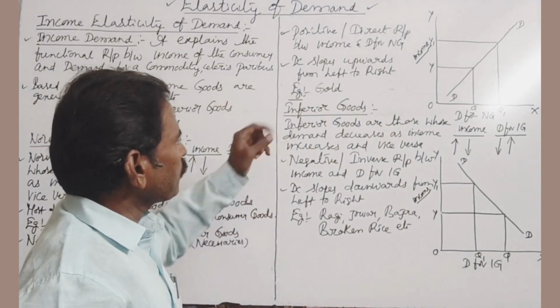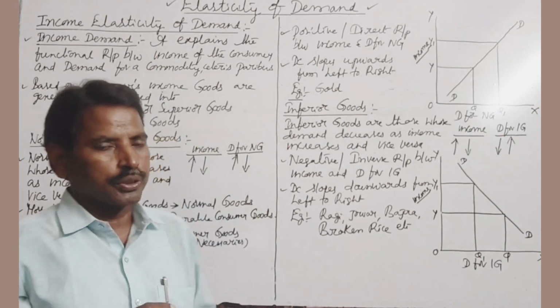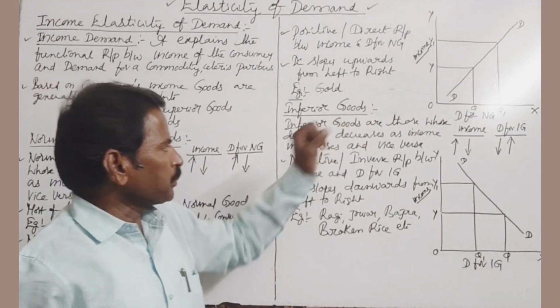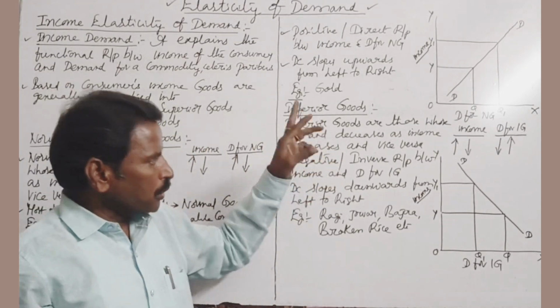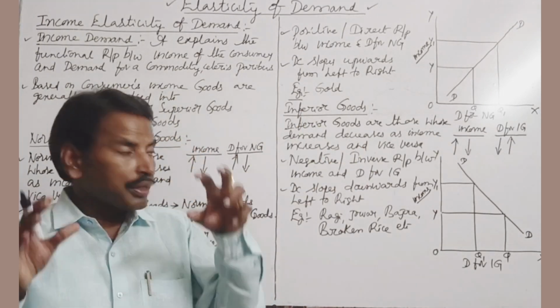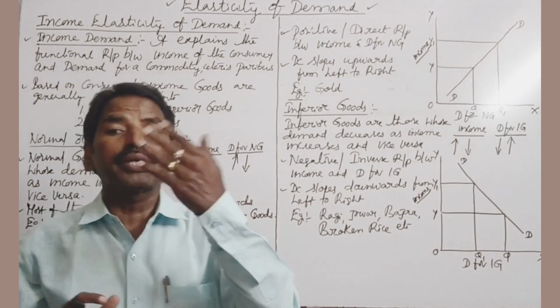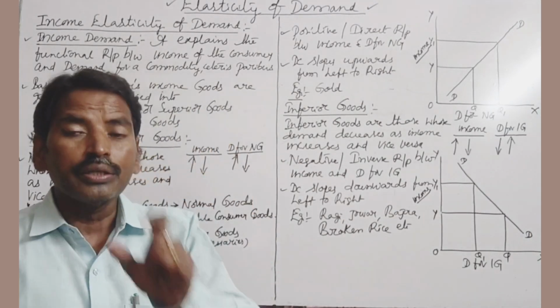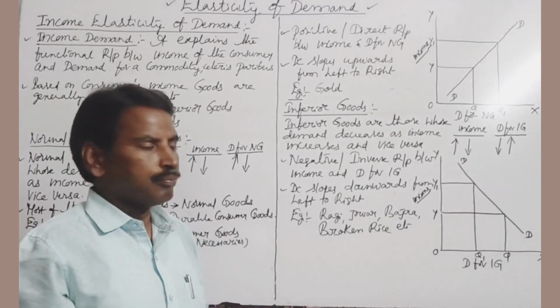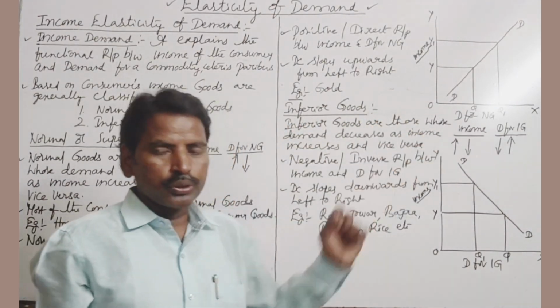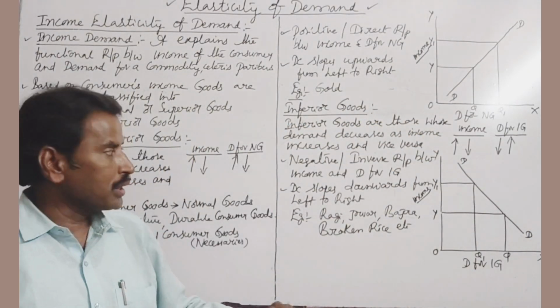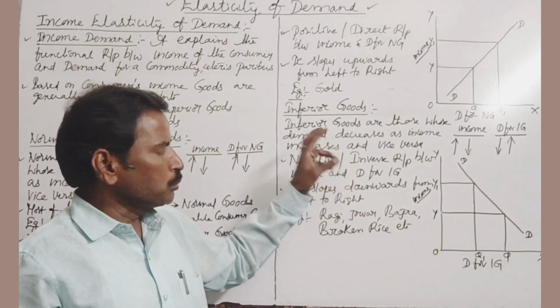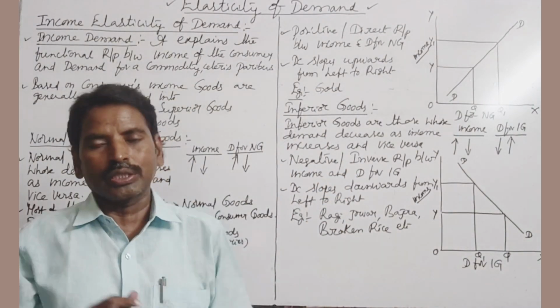Next, the second one is inferior goods. Inferior goods are those whose demand decreases as income increases and vice versa.